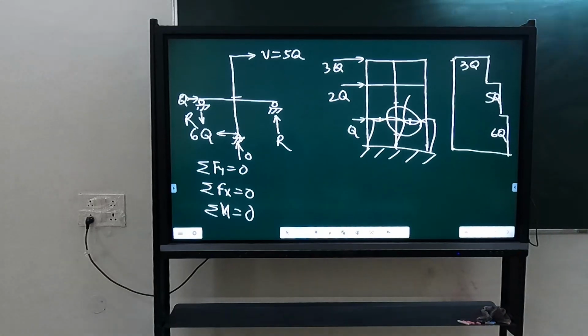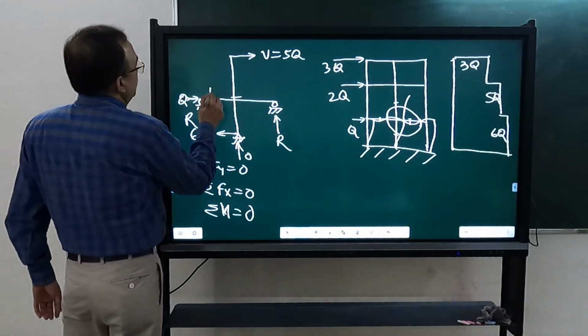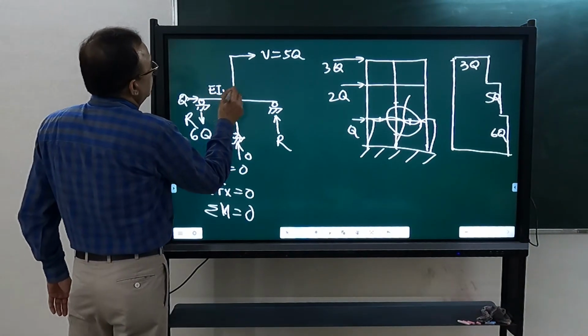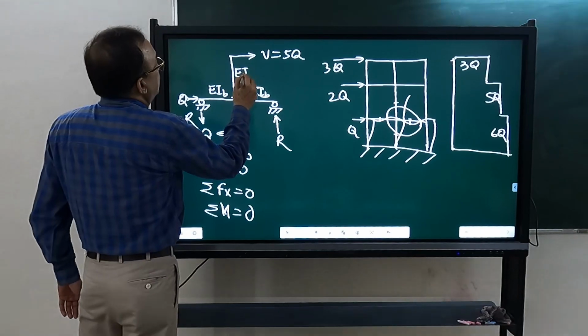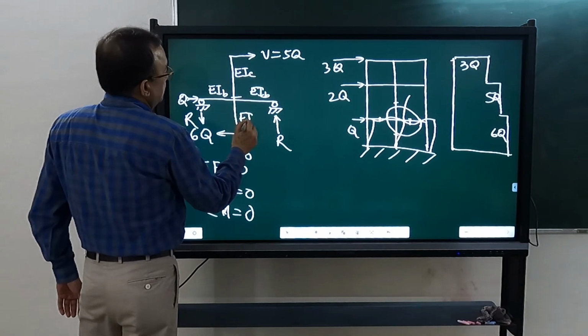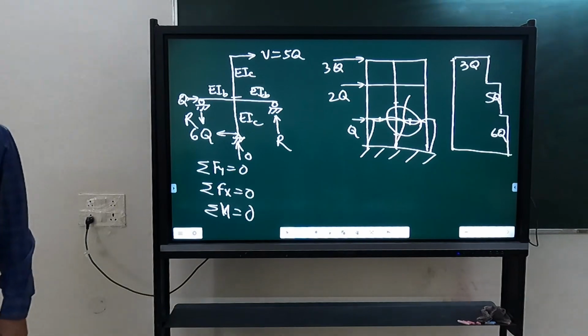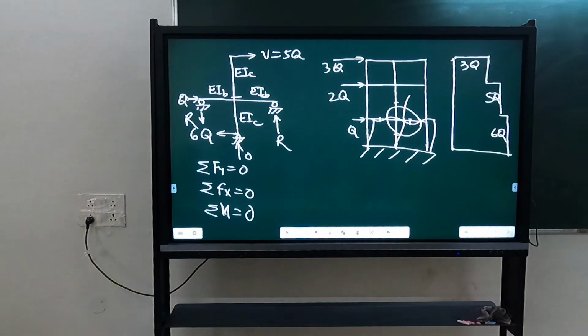If you are not convinced, you can use compatibility. Let us say this is EIB, this is EIB, this is EIC, this is EIC. Let's say we don't want to use anti-symmetry. We are not sure.